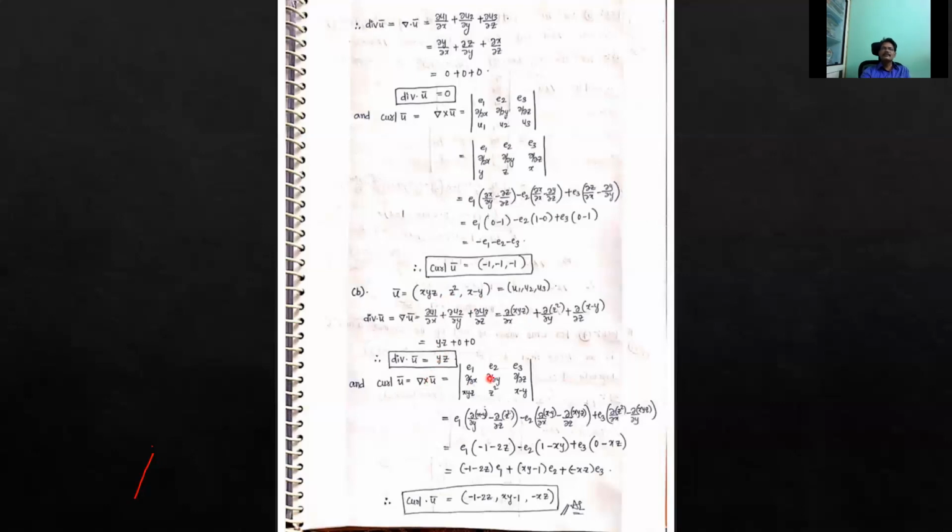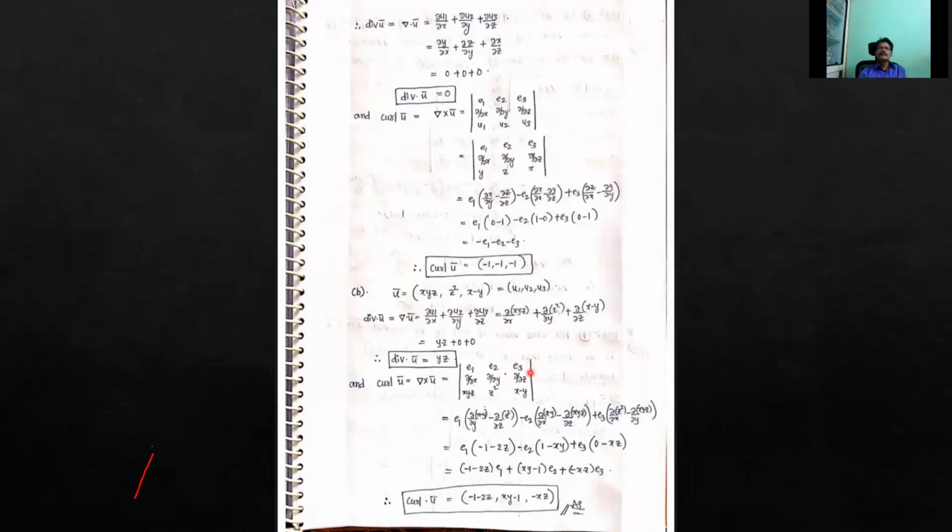Curl means del cross. We know the formula: E1, E2, E3, dou by dou x, dou by dou y, dou by dou z, x y z, z square, x minus y. So E1 into dou by dou y of x minus y, that is 1, minus dou by dou z of z square, that is 2z.